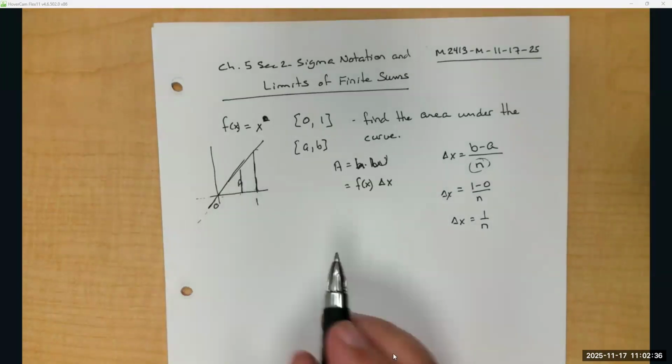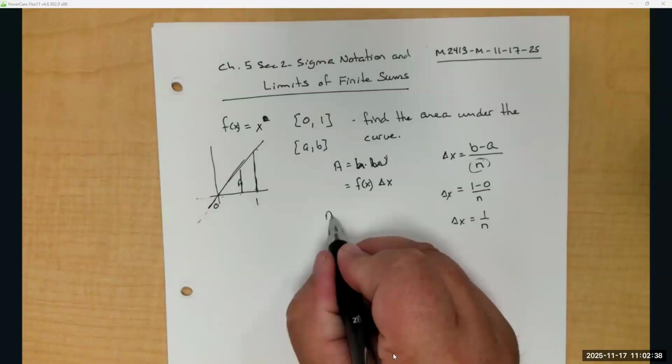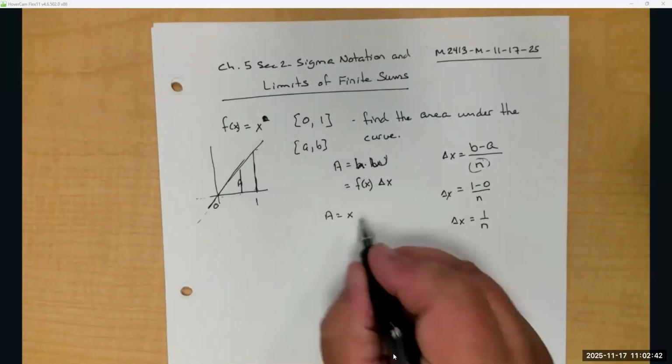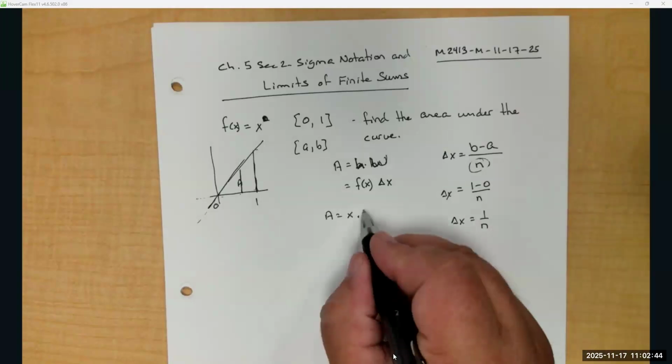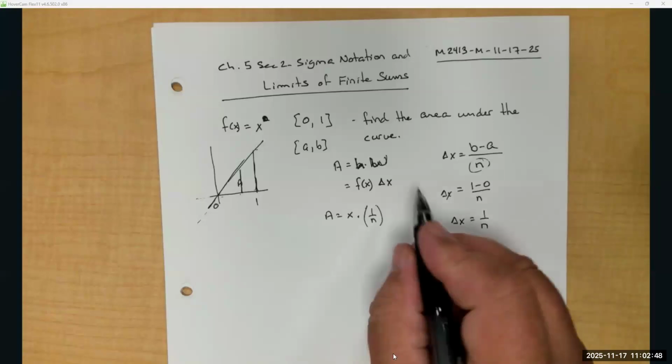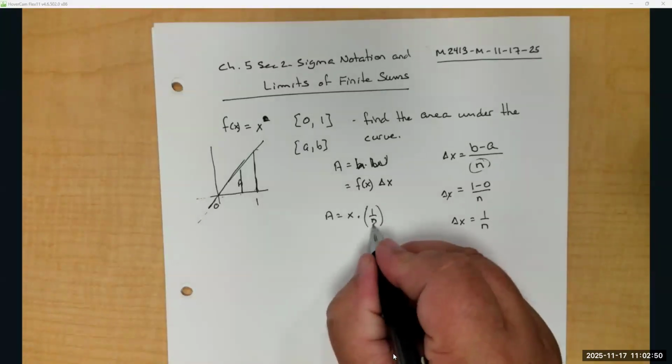In this first example, we see our area. The function itself is x times delta x, which is 1 over n. In this case, we only had two pieces.